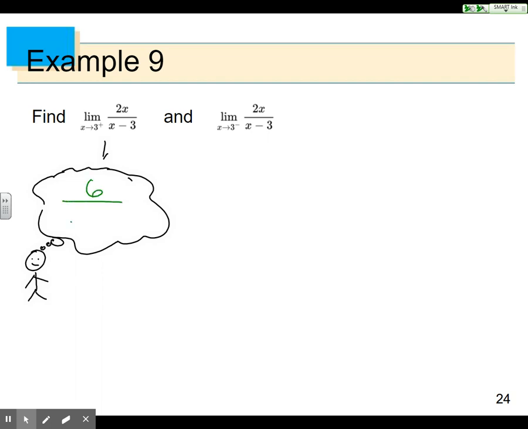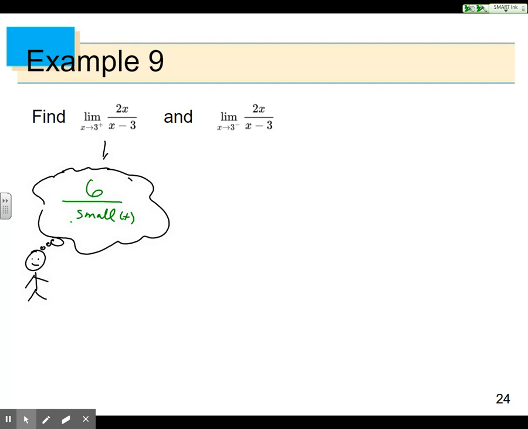So my second thought bubble is I was really close to 6, and this down here was something really small, but still positive. I'm trying to keep track in my head if it's going to be a small number that's really close to 0 that's positive, or a small number that's really close to 0 that's negative. In my calculator, I can type in 6 divided by 0.0000001, something really small.